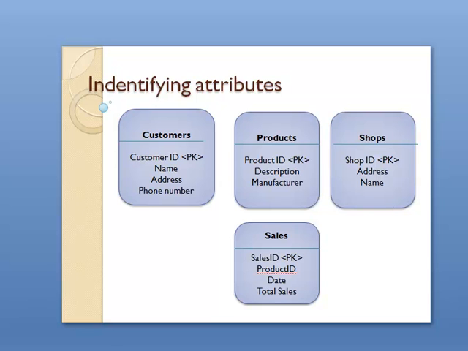The product ID is a primary key in the products table, but it's sitting in the sales table. We find that happens with other keys too that are primary keys. When this happens, we say it's a foreign key because it's not in the place it belongs, and we can designate that with FK.